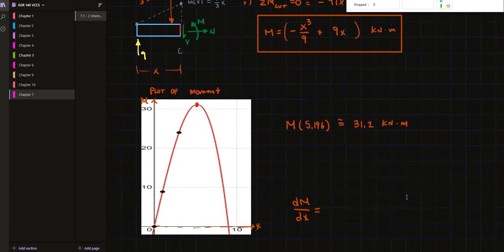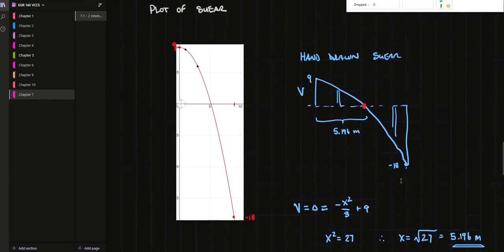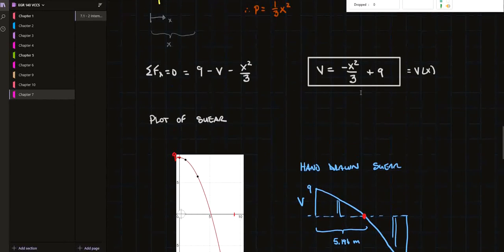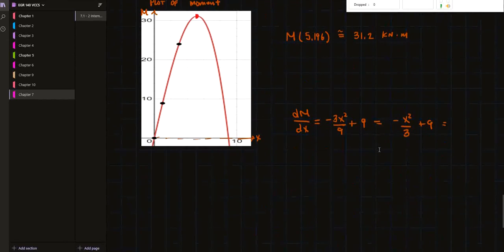If we differentiate it, we get minus 3x squared over 9 plus 9, which equals minus x squared over 3 plus 9. And lo and behold, what does this equal? This actually equals our shear. And we're going to investigate this further in the next section.